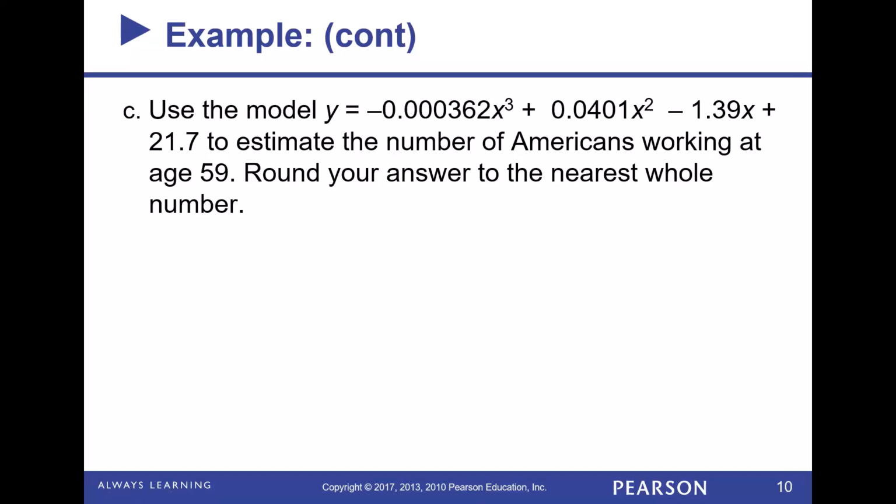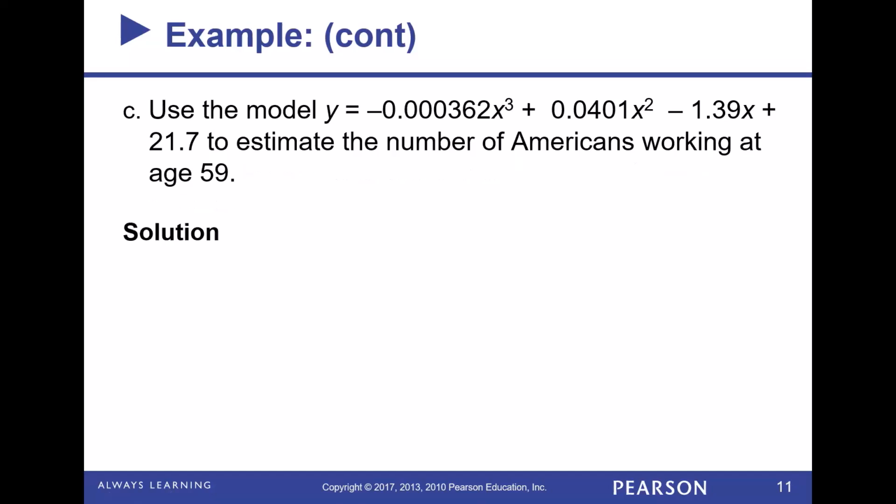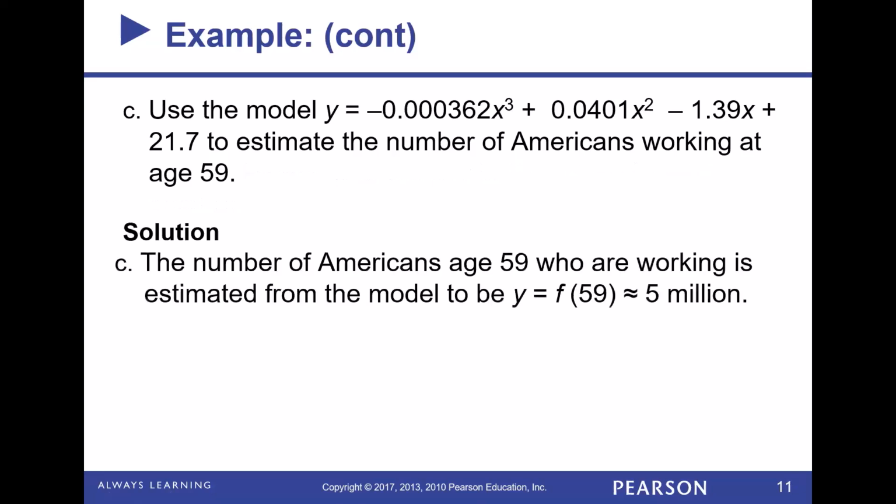So if it was like a year, like say 1960 or 2015, then yes, I would need to change it. But in our case here, we don't need to. Realistically, all we're doing is plugging in 59 for all the X's, and you should end up with about 5 million there.